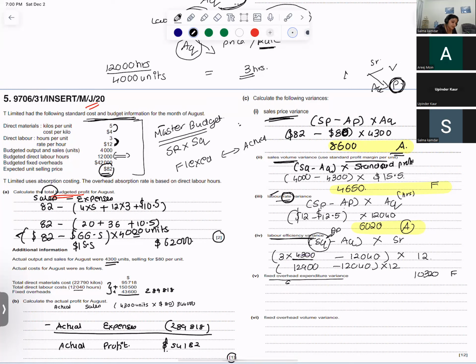Fixed overhead expenditure variance. We say expenditure variance is master minus actual. I have already told you.